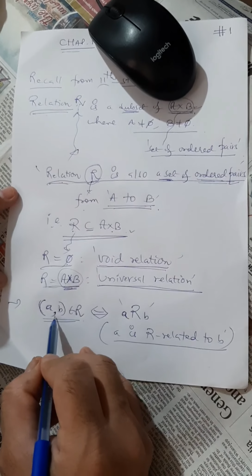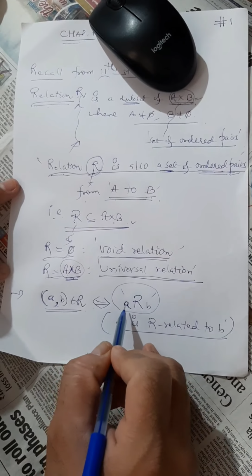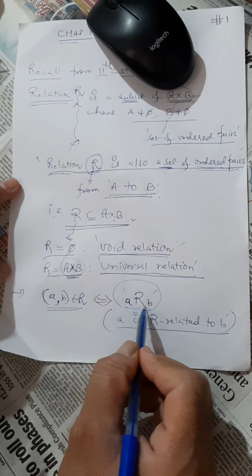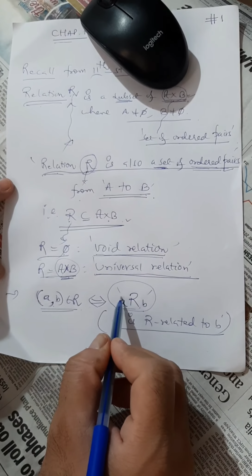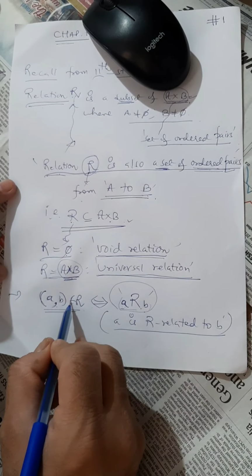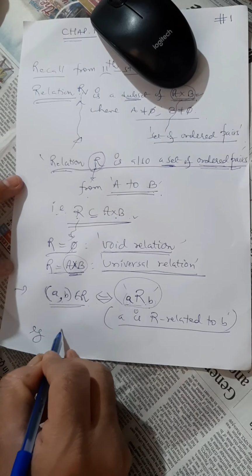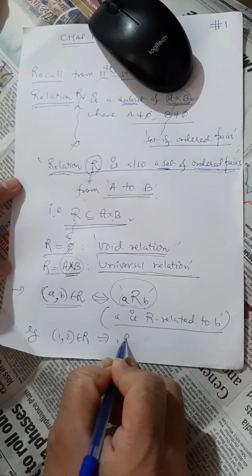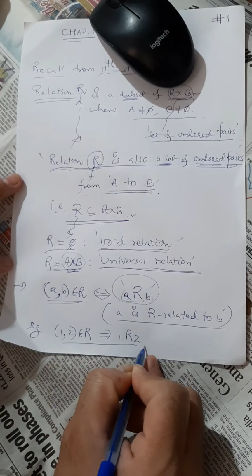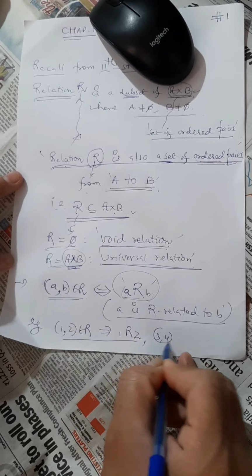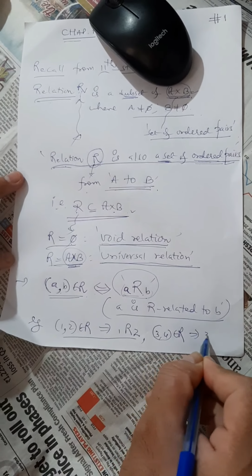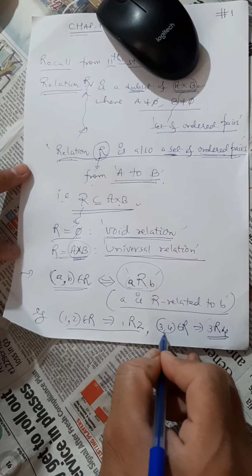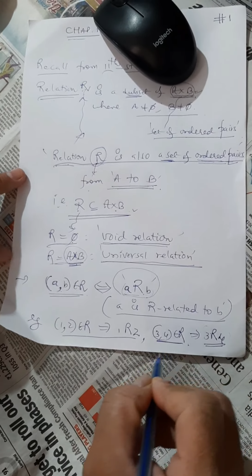Double implication, that is, this must be true. We write A related to B. And conversely, if A is related to B, that means the ordered pair A comma B is a member of the relation set R. For example, if I have 1 comma 2 belongs to relation set R, I can write 1 related to 2 that way. If 3 comma 4 is a member of the relation set R, I can write 3 related to 4. Related in the sense that 3 comma 4 is a member of the relation set R.